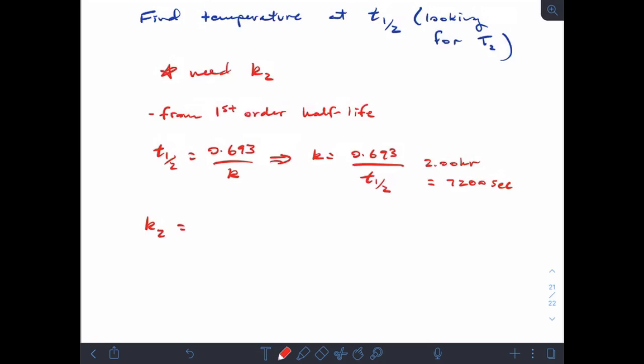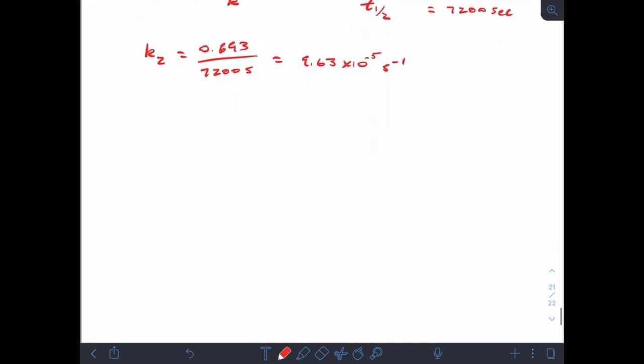So K2, so the K at the half-life, 0.693 over 7,200 seconds equals 9.63 times 10 to the minus 5 inverse seconds. Okay? So now that we have everything in our equation except for T2, all we have to do is plug in the values.